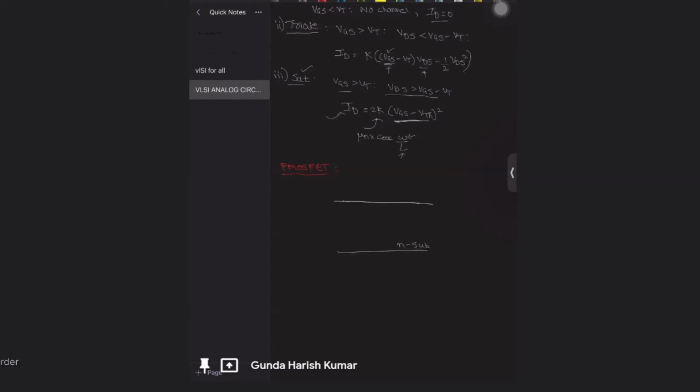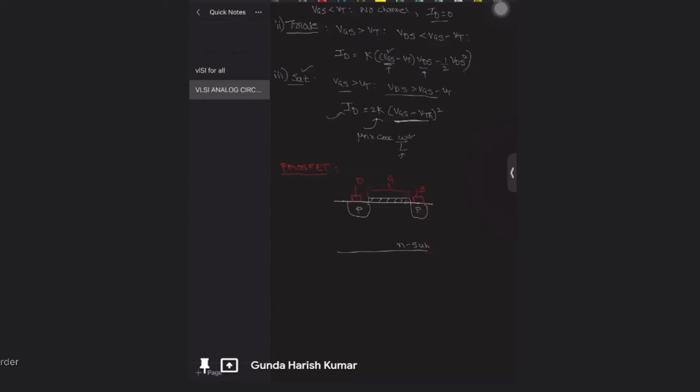You have an N substrate and a P doping and an oxide here. These are the gates.